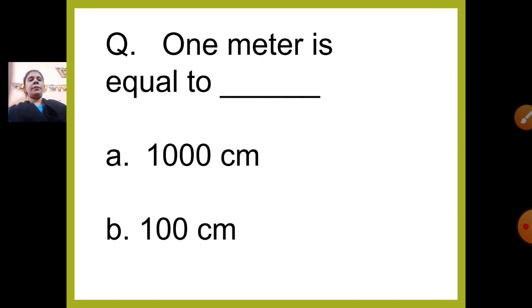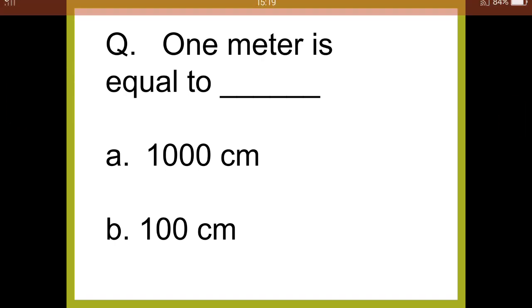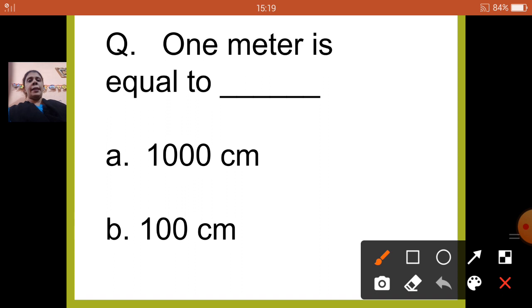Yes children, answer me. Option B, 100 centimeter. 1 meter is equal to 100 centimeter.